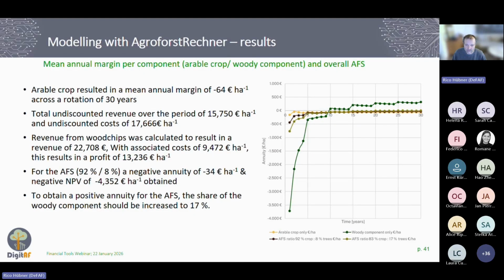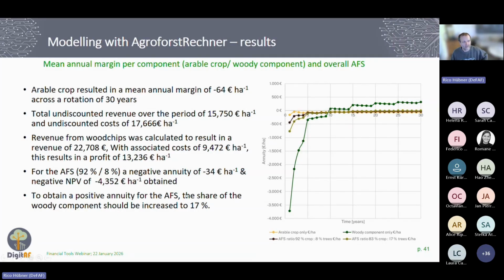So it's kind of a very simplified sensitivity analysis. So if you play with this little slider, you would find that the ideal percentage for the annuity to become positive would be 17%. So with 17% of woody component, it would be positive.